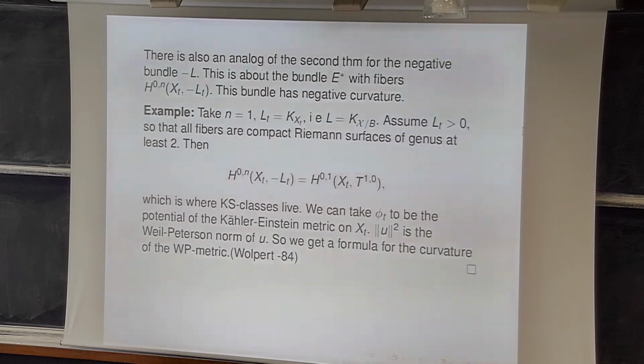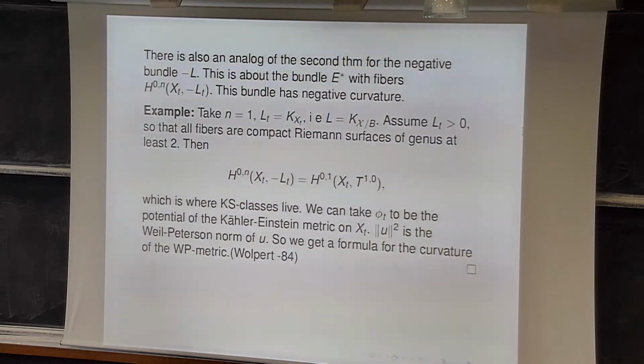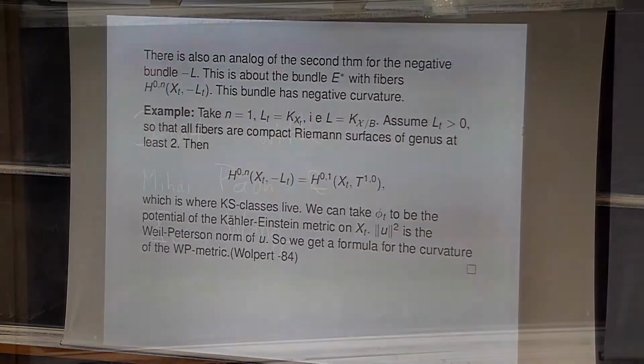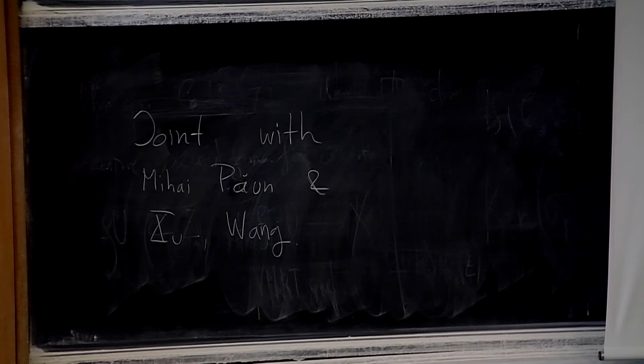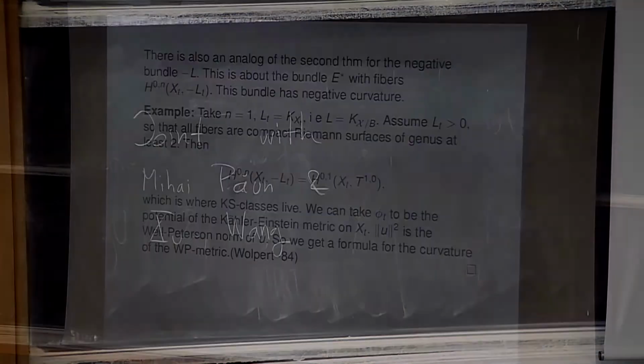If you unwind the definition, you see that it's the Weil-Petersson norm of u. So you have a formula for the curvature of the Weil-Petersson metric. You get an explicit formula. From the general formula for the curvature of such twisted bundles, you get a formula for the curvature of the Weil-Petersson metric for a family of Riemann surfaces, which was first obtained by Wolpert in '84, I think.